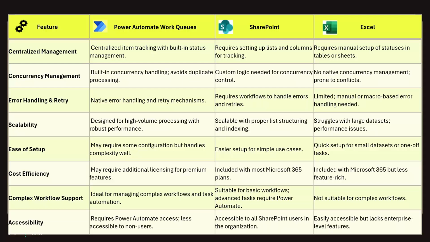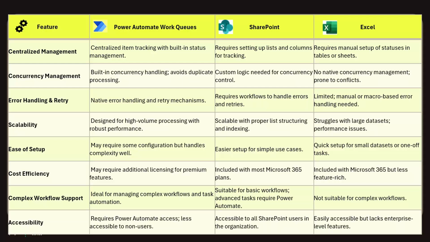If I say in overall terms, just an overview from this particular table, a work queue is designed for efficient load balancing. At the same time, SharePoint or Excel is used for data storage purposes. They can be configured for a load balancing scenario, but it is not very easy, right? We need some kind of configuration, but with work queues everything is at hand, which makes it easier to use.